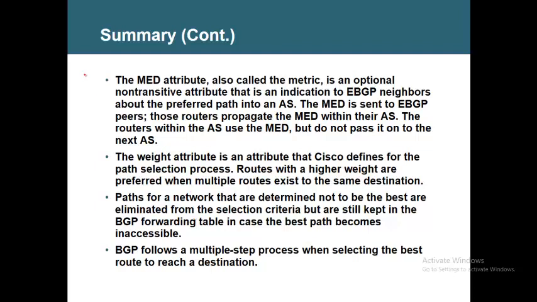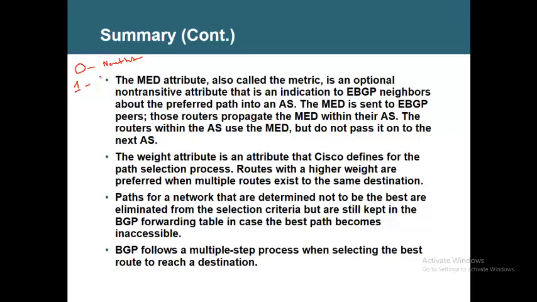Attribute number 0 is like this: make sure there is a loop-free synchronized path with a proper reachable next hop. That's like attribute 0, which is not mentioned as 0, but I always keep it as 0. And attribute 1, you should have a neighbor with high weight to prefer.